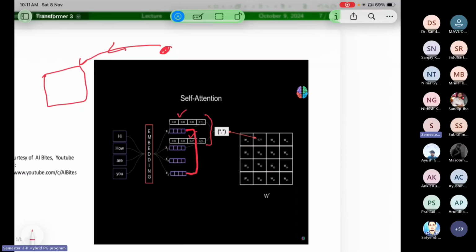But at this state, if you directly apply your classifier, or whatever problem you are solving, or the particular layers, it will not give you proper output. Why? Because all these things are at the initial stage only. You're not refining them yet.